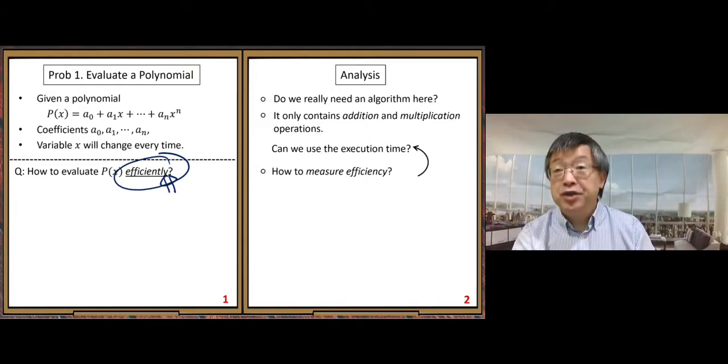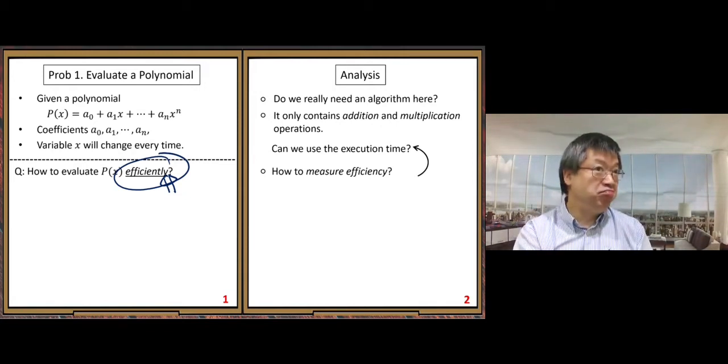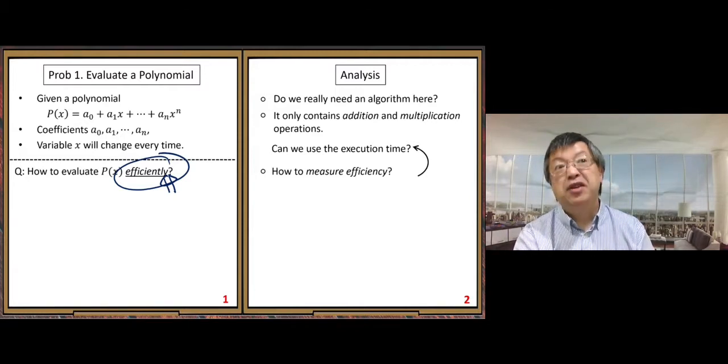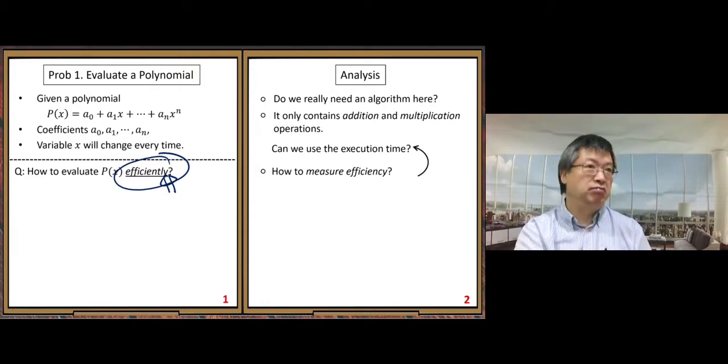If we can find execution time, can we use that to measure efficiency? Yes or no? The answer: you can use it to measure, but it's not a good measure. Execution time is not a good measure.